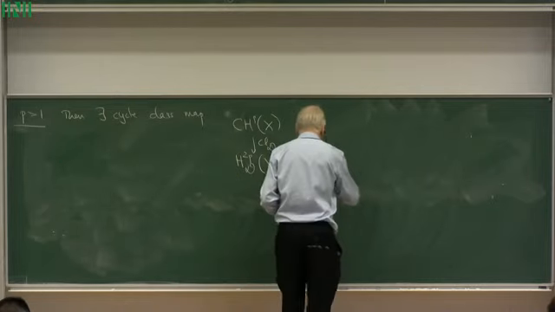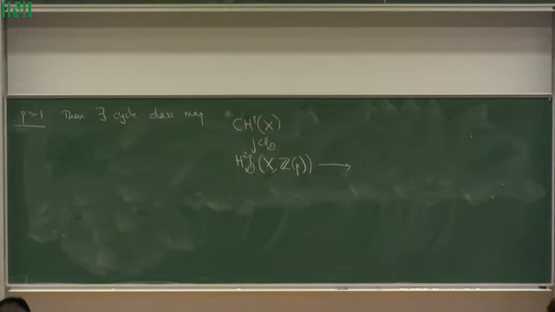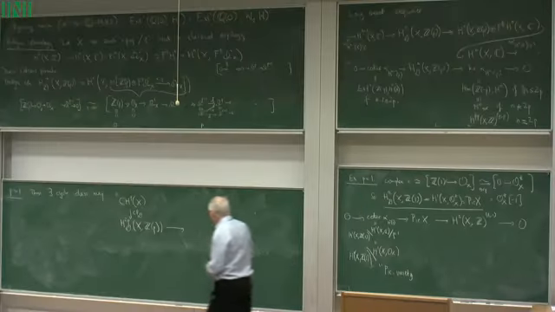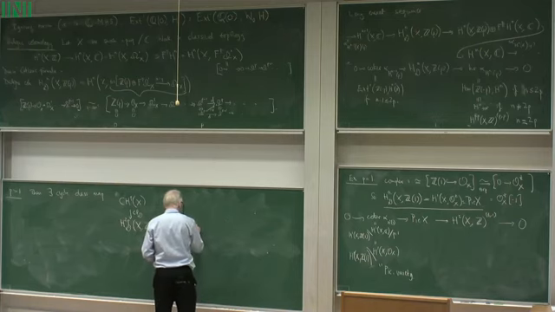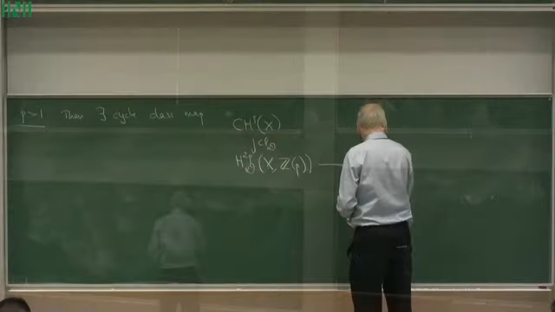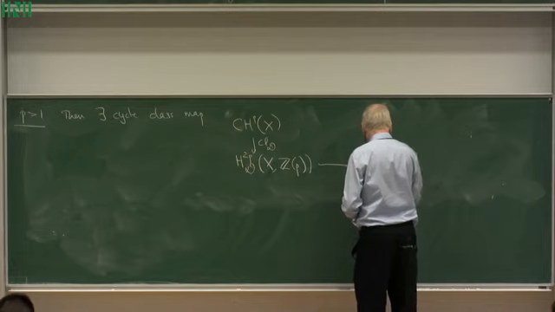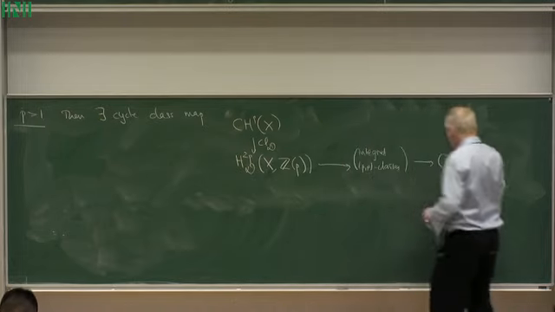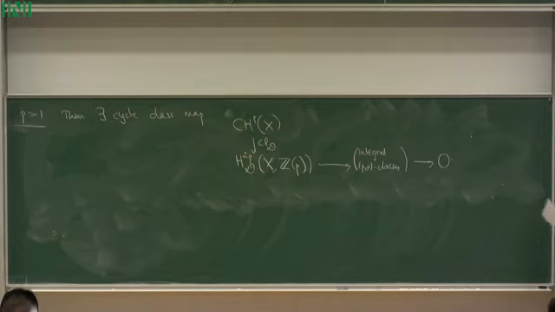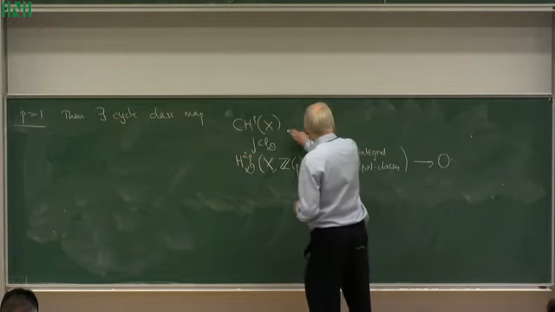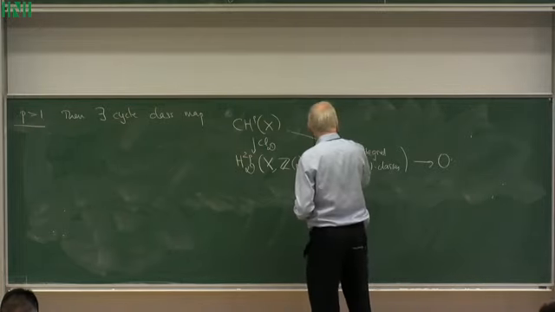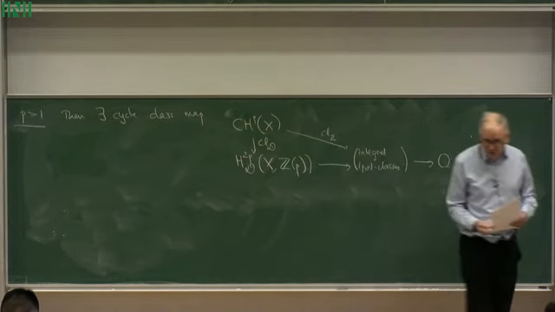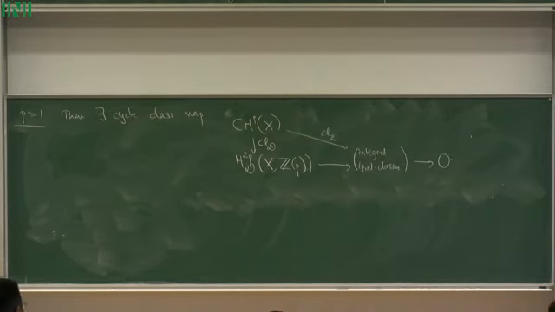And now we have the map to this Hom here, which is just to the integral p,p classes. And this composite map is just the integral cycle class map that we had in the last lecture.